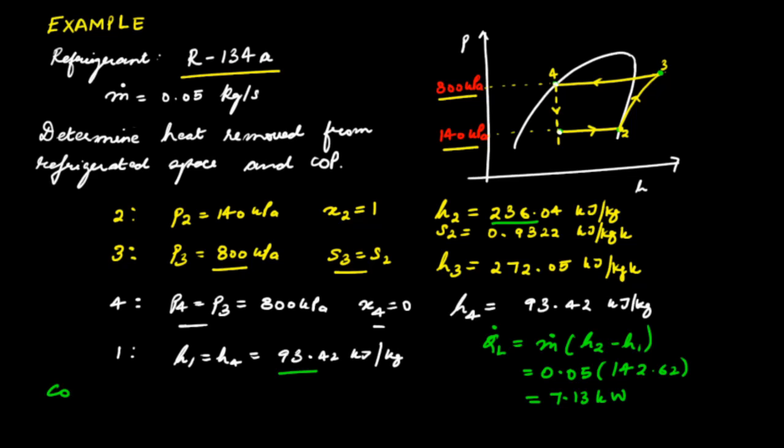So COP for a refrigerator is the heat that is removed from the refrigerated space, that is m dot H2 minus H1, over the power input to the compressor. If you look at this compression step from state 2 to state 3, this is an isentropic process.